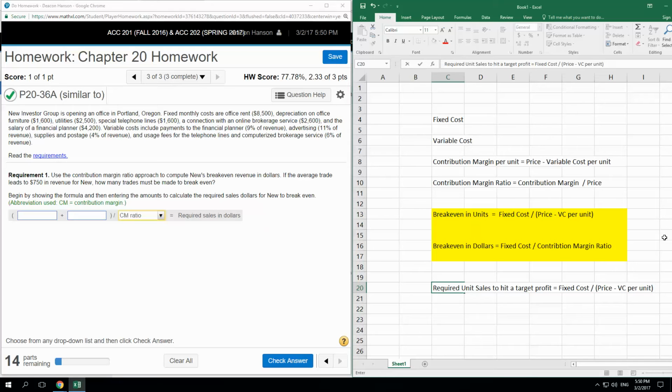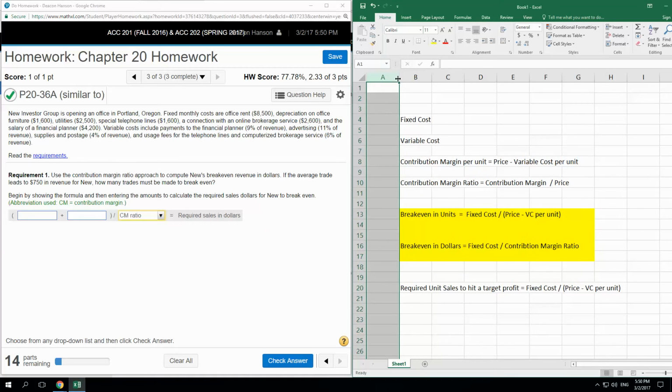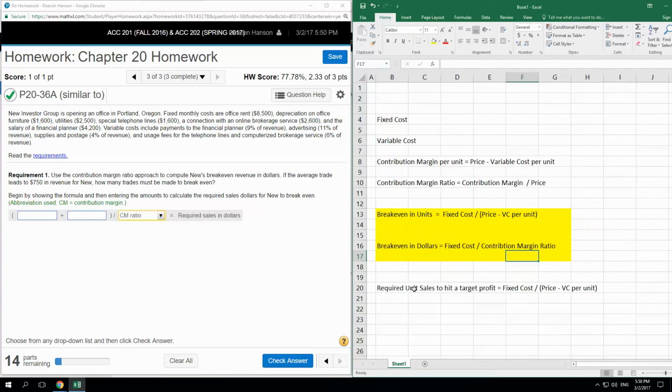You take that same formula and you modify it a little, where in the numerator we add our target profit. So it's the same as the break even formula, except we're adding target profit to the numerator, and I'll make that bold.